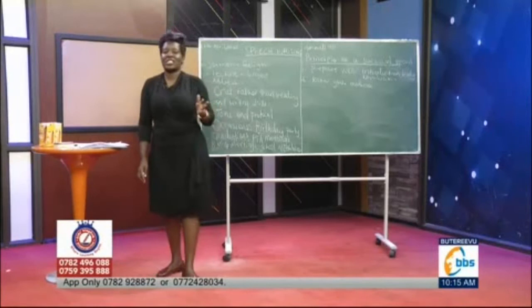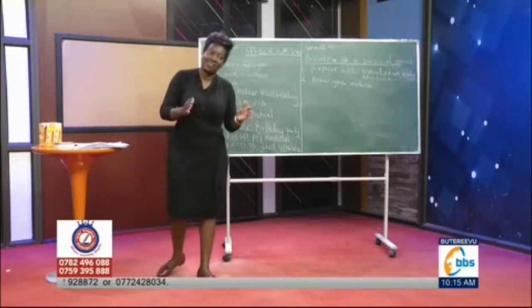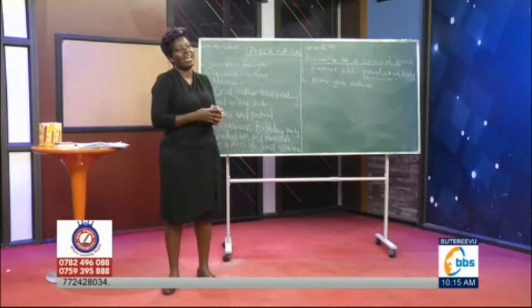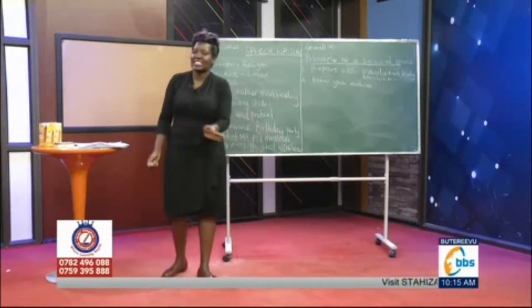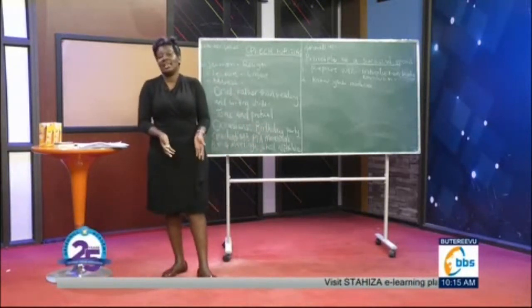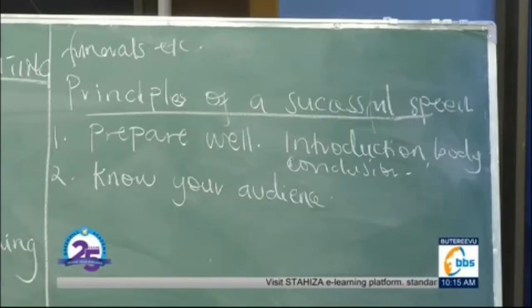Now, I normally tell my students that if you are going to speak to nursery children, let's say there is a birthday party, maybe for one of the youngsters in the community, and the parents choose you. You're in senior 4, you're in senior 3, but you are this youngster's role model.